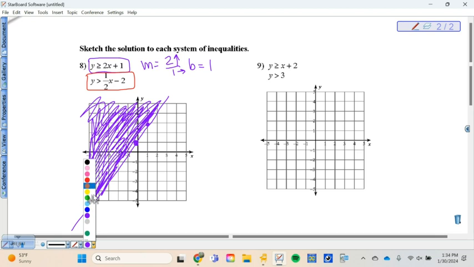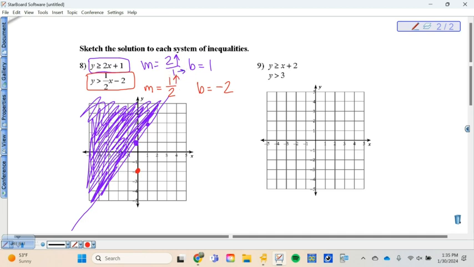How about the red line? What's my y-intercept? -2. And what's my slope? 1 over 2. What does that mean for rise over run?